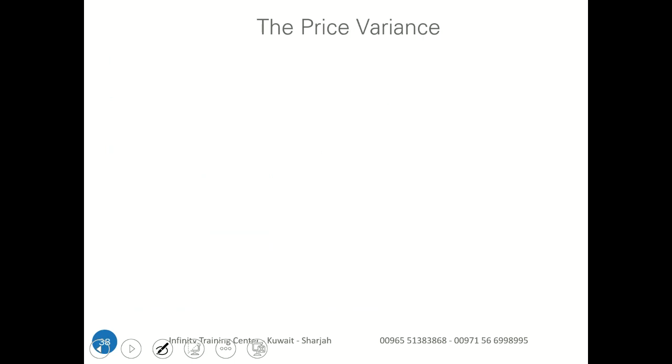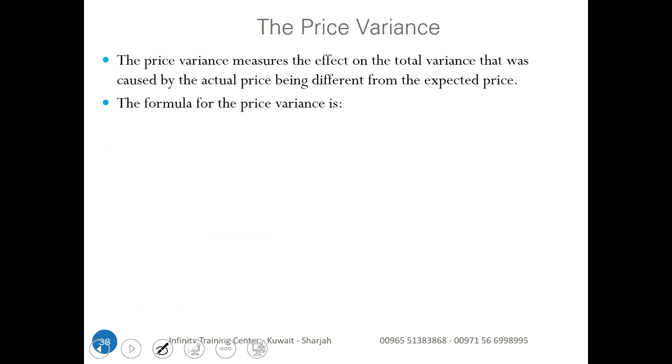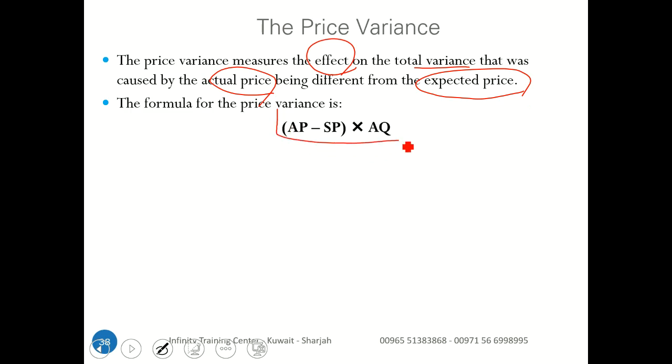Now we will see the price variance. What's the price variance? This measures the effect on total variance that was caused by the actual price being different from the expected price. Here we are not considering the quantity variance. We are only considering the price.